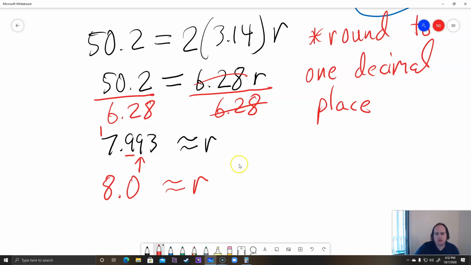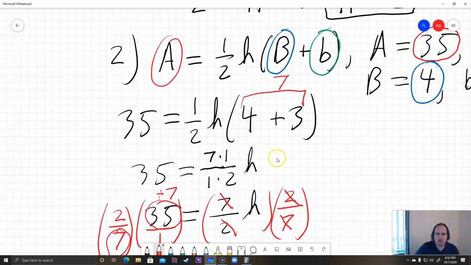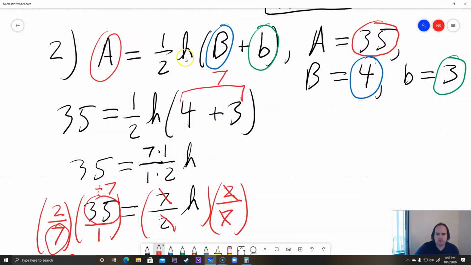So now we're going to be doing some more problems, but for these other problems we're not going to be plugging in numbers, so it's going to be more abstract. But if you're wondering where some of these formulas came from, this one for number 2 I believe is a formula for area. I'm not sure what it's the area of. I think it might be the area of a trapezoid, maybe, where capital B is one of the bases and little b is the other base, and h is the height.